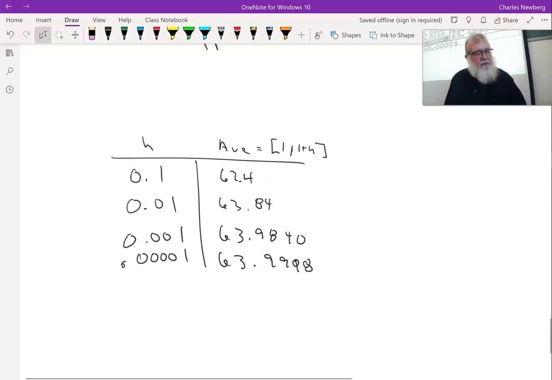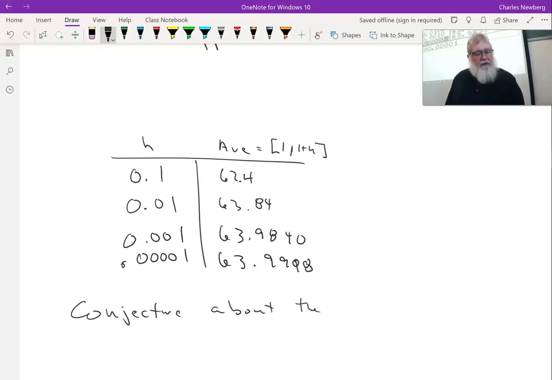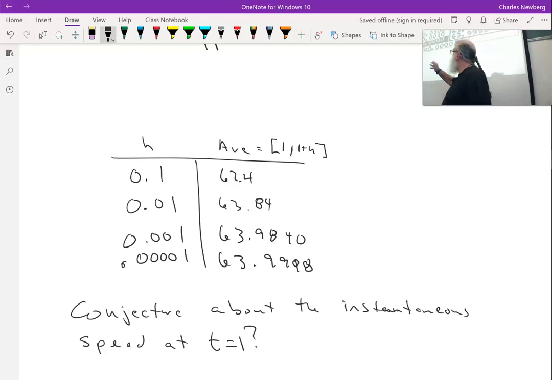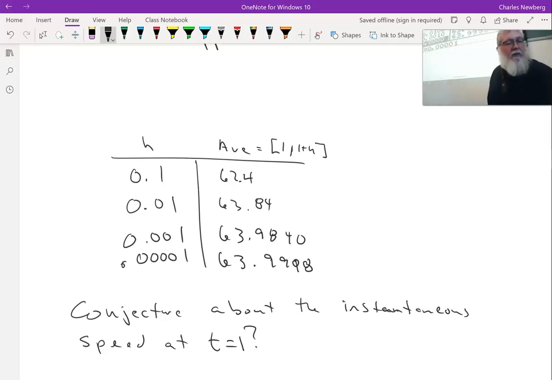I want you to make a conjecture about the instantaneous speed at t equals 1, and I want you to look at the table when you do that.